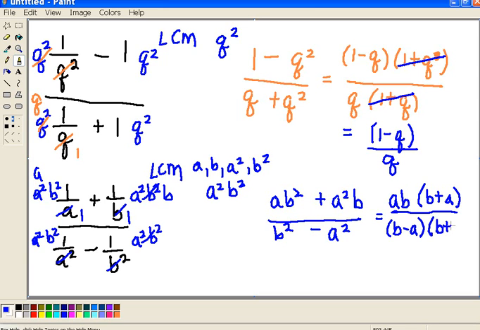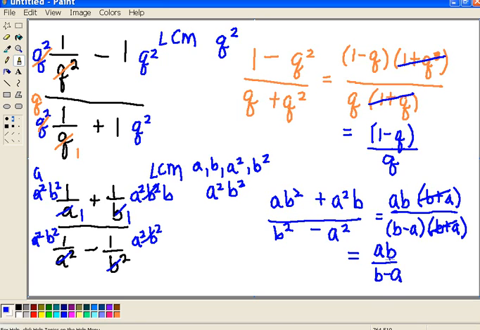The same thing we had above when we did 1 minus q squared. Same formula. And now notice the b plus a's would cancel. So our answer in simplest form would be ab over b minus a.